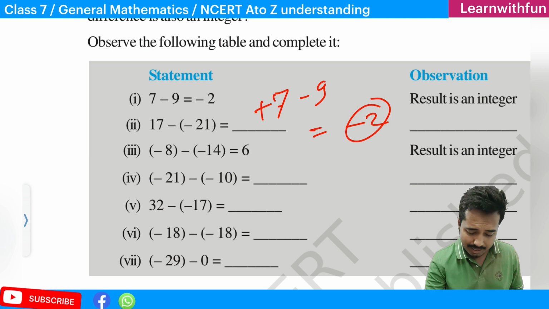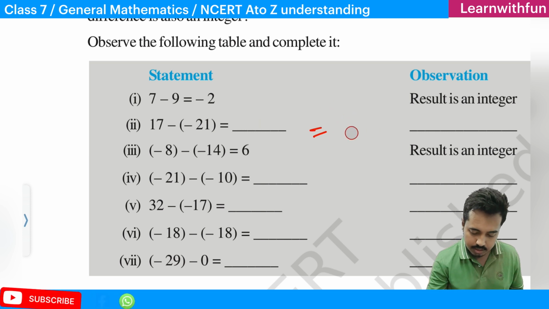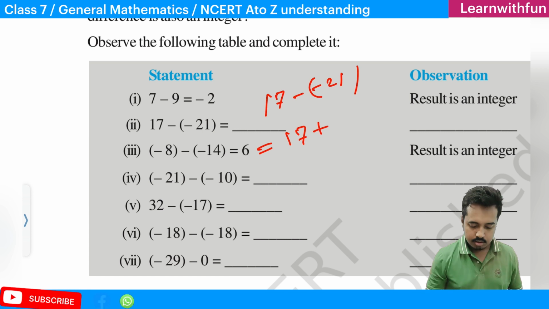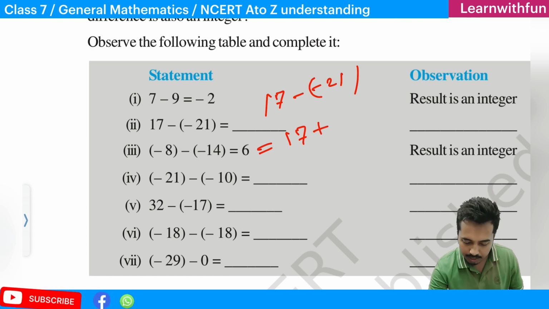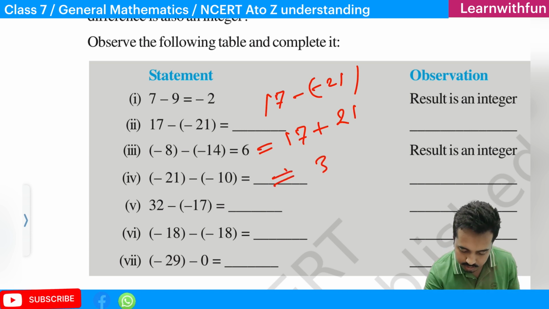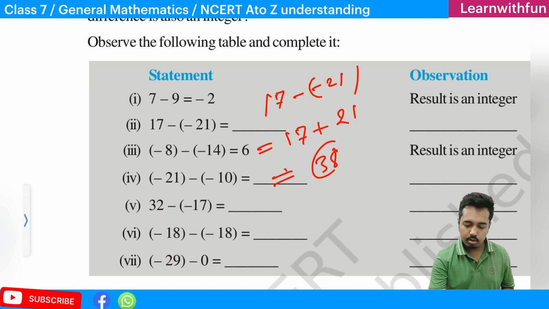In case of 17 minus minus 21, the two minuses combine to give a positive sign, then after adding 21 and 17 you will get 38. So 38 is also an integer.